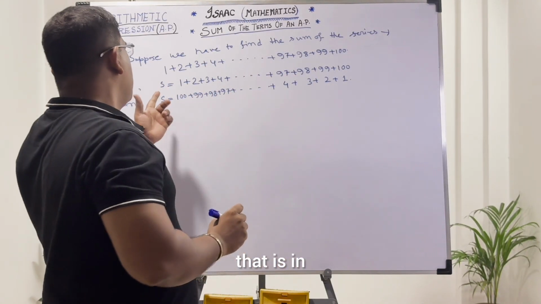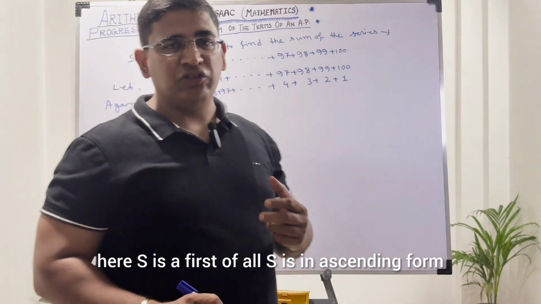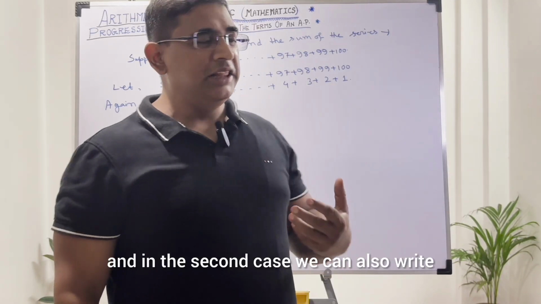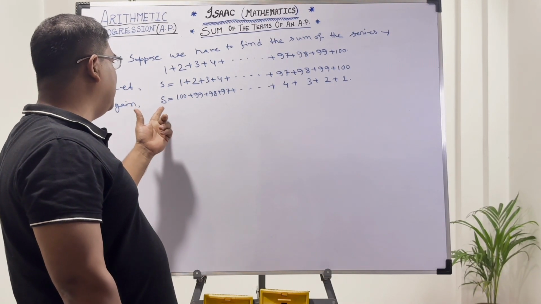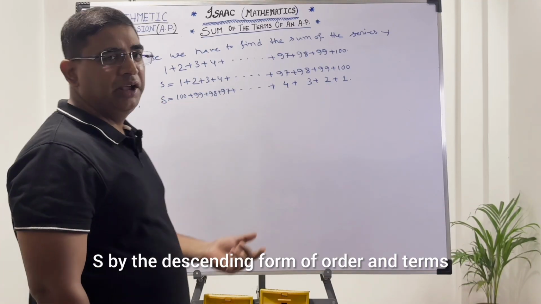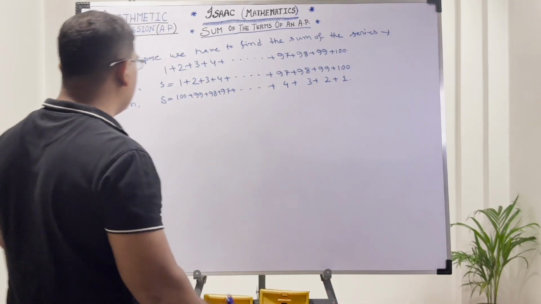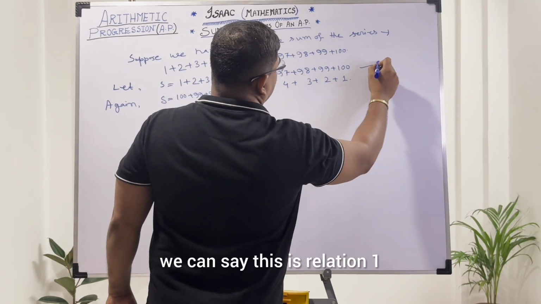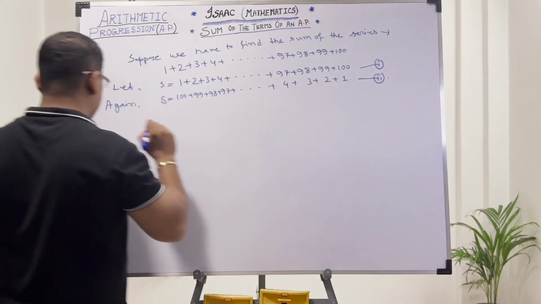That is, first S is in ascending form, and in the second case we can also write S in the descending order of terms. We can say this is relation 1 and this is relation 2.